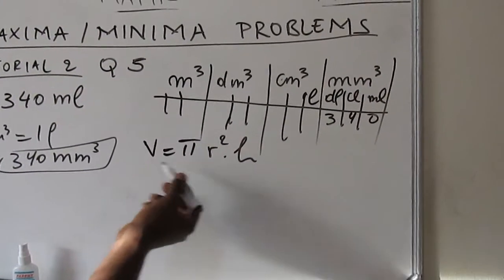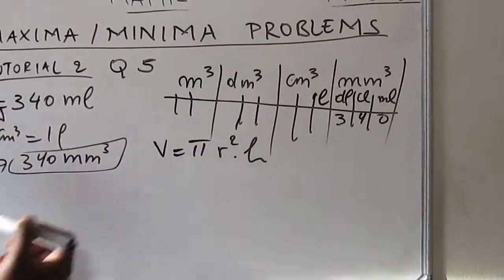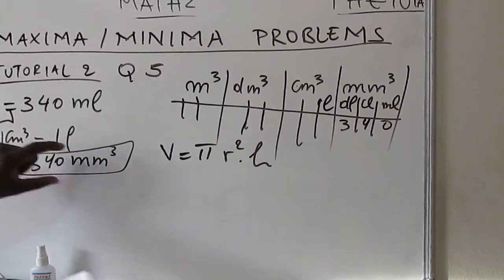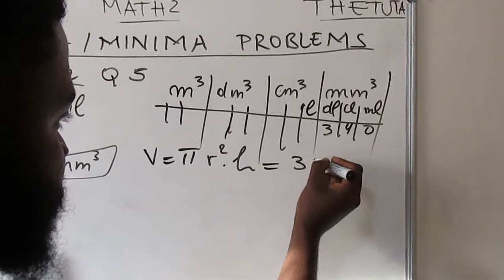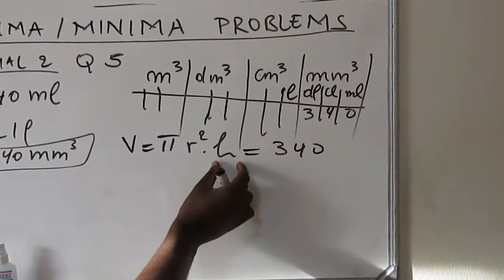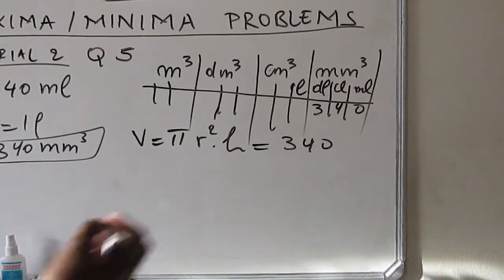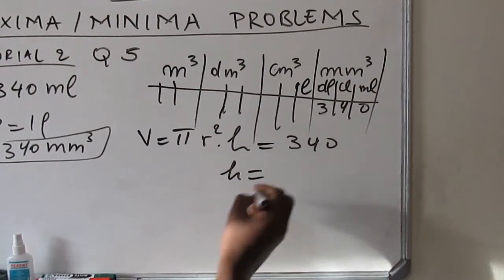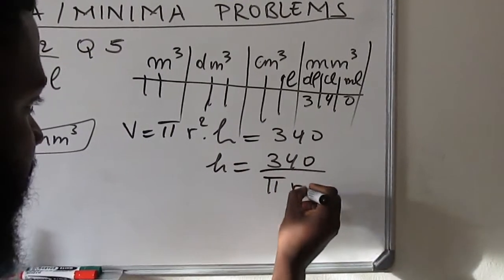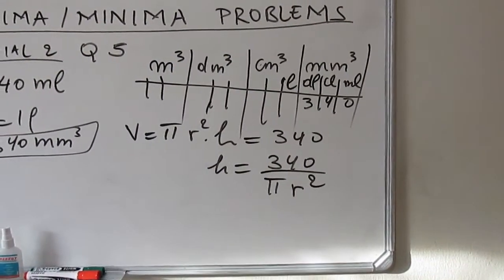We already know our volume is 340 millimeters cubic, which must be equal to pi r squared h. From this we can find our height. Height is going to be equal to 340 over pi r squared.